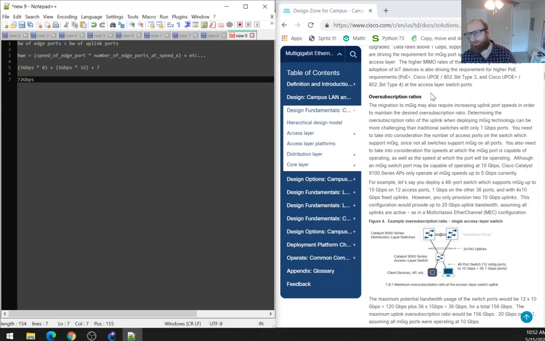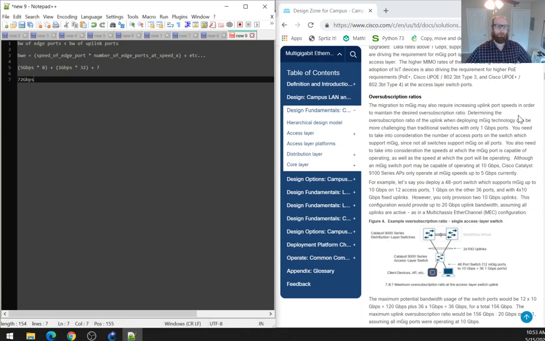Since not all switches support multi-gig on all ports, you also need to take into consideration the speeds at which the multi-gig port is capable of operating, as well as the speed at which the port will be operating. Although an N-gig switch port may be capable of operating at 10 gigabits per second, Cisco Catalyst 9100 series APs only operate at speeds of up to 5 gig per second currently.